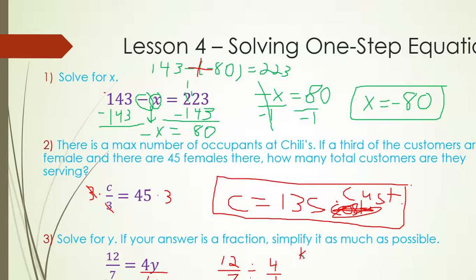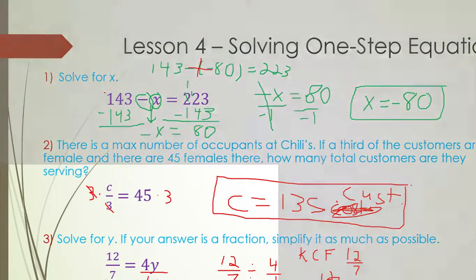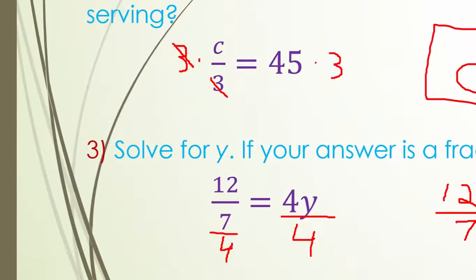I'm going to say this. Keep, change, flip. What we do is we keep the first one the same. Go 12/7.